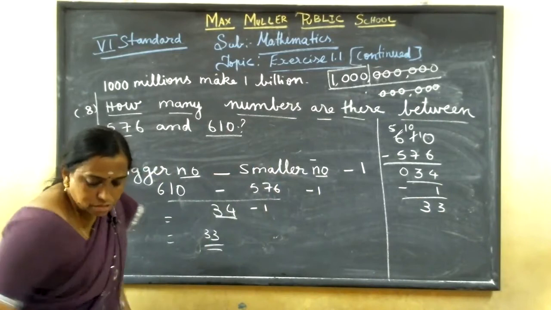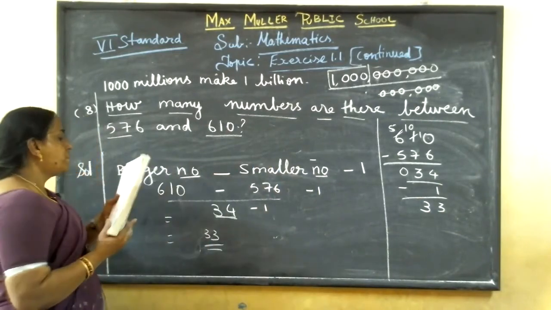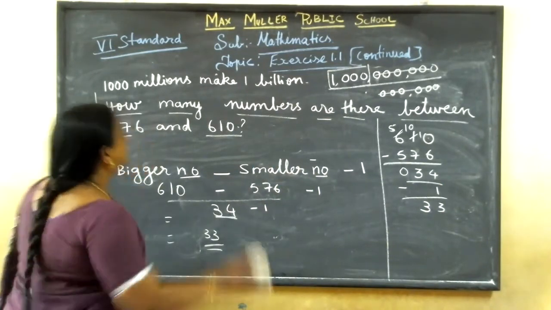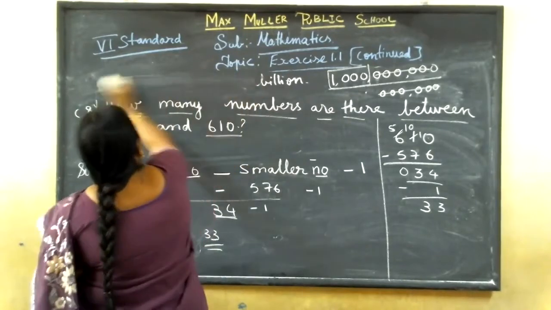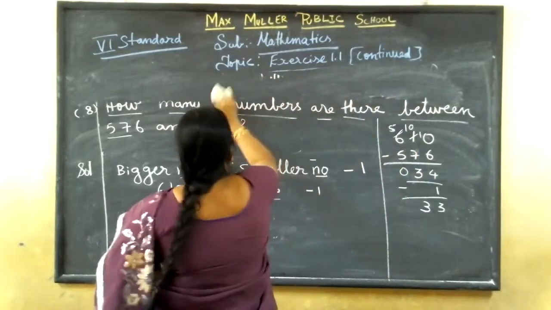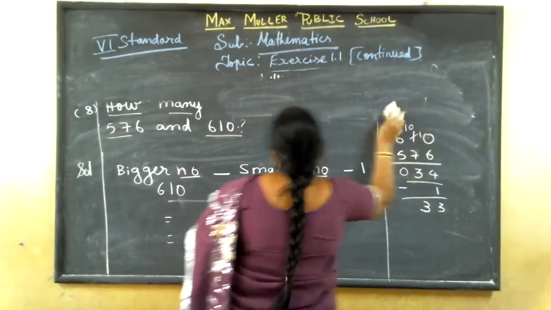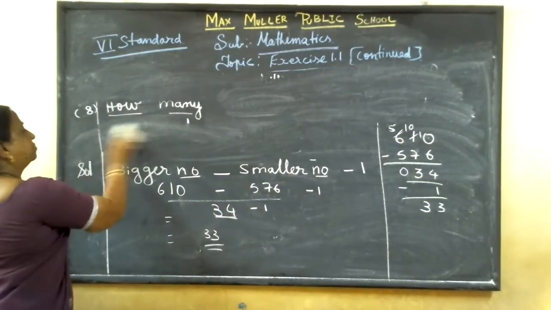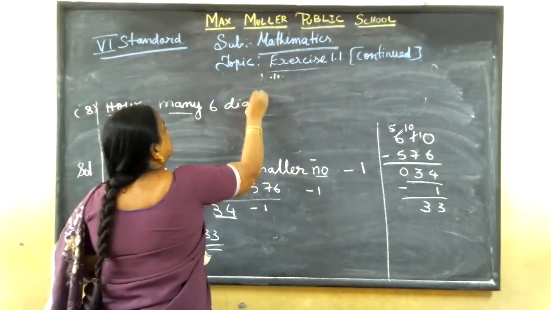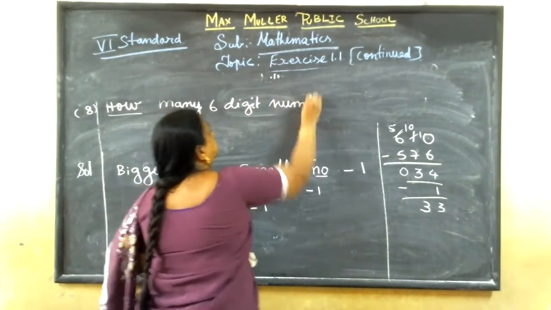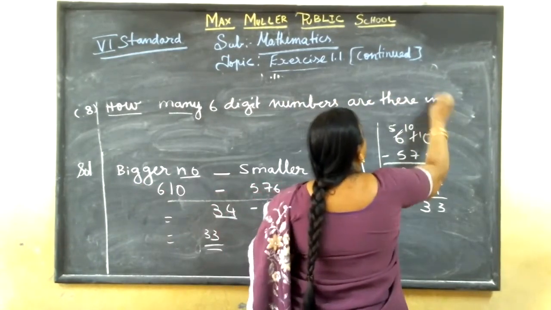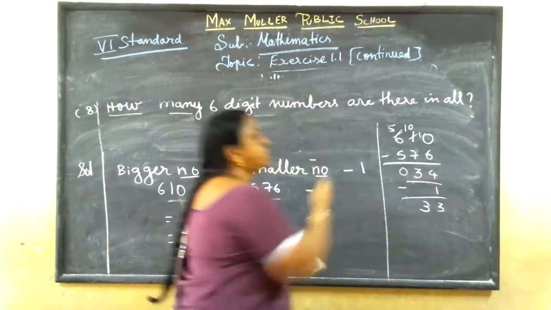Last question of this exercise. Question number 9. How many 6-digit numbers are there in all? See the difference between the last question and this question.